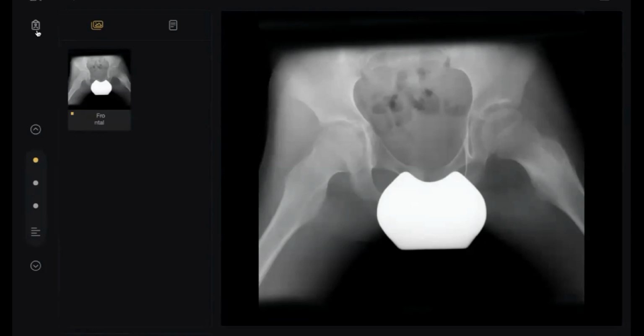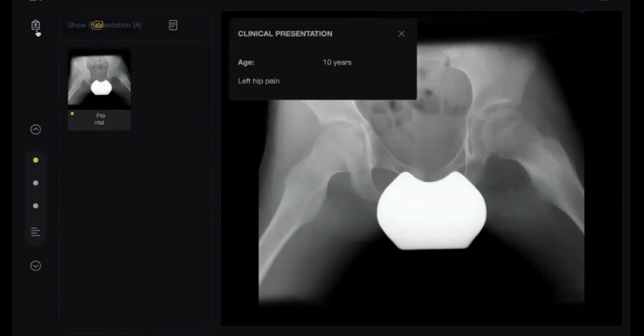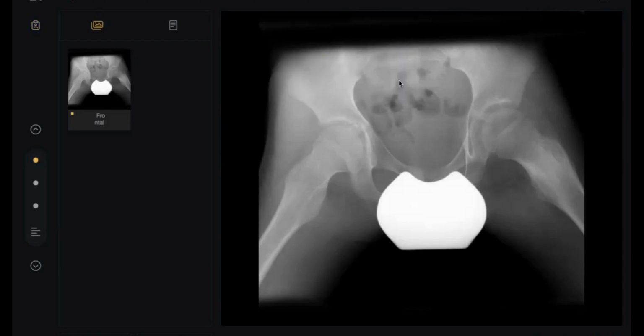Let's start again. 10-year-old patient with left hip pain. By the way, I have been presented with a very similar case, but it was a little bit difficult. It was an X-ray, then bone scan, pelvic.